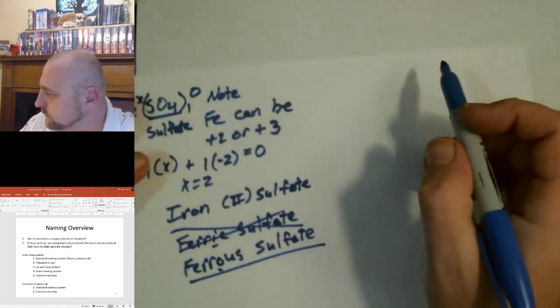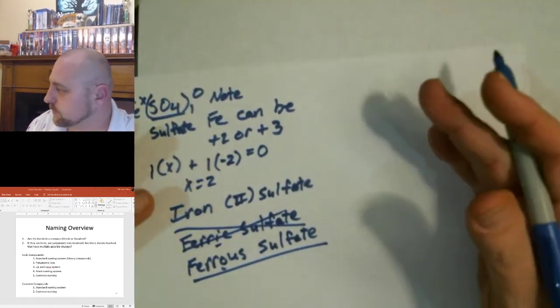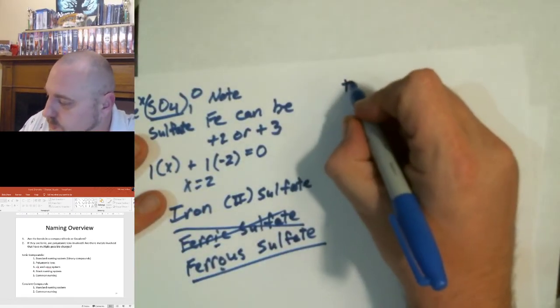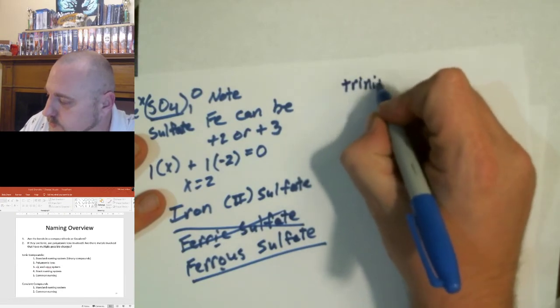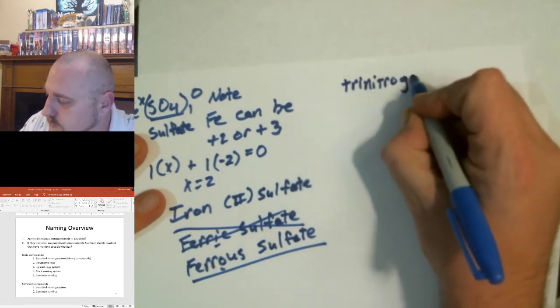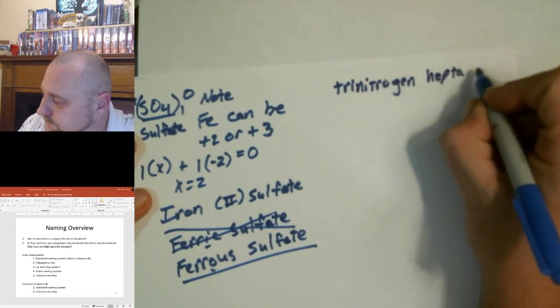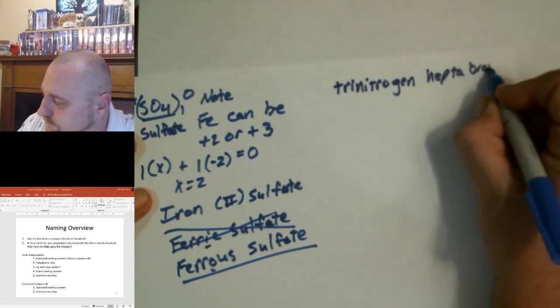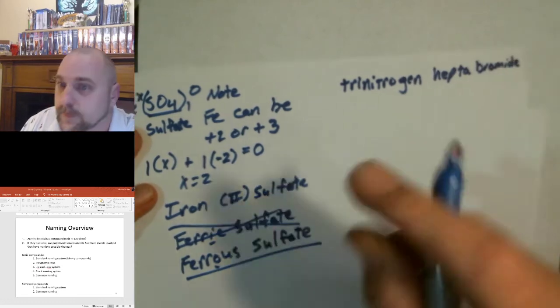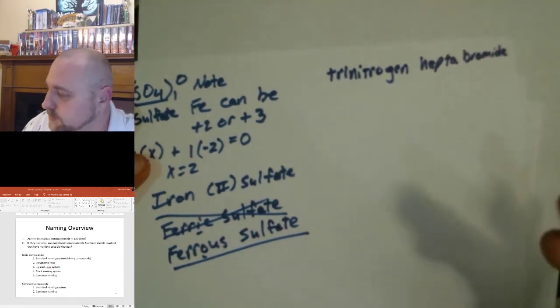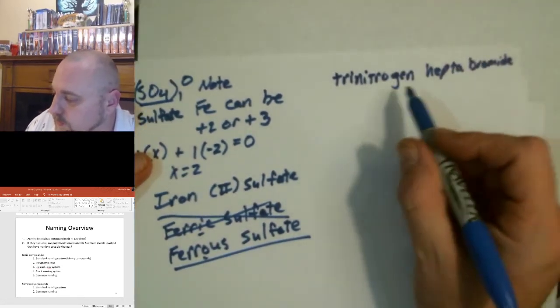Next on my list, I've got some names, and I want to figure out the formulas. So the first one up, trinitrogen heptabromide. All right.